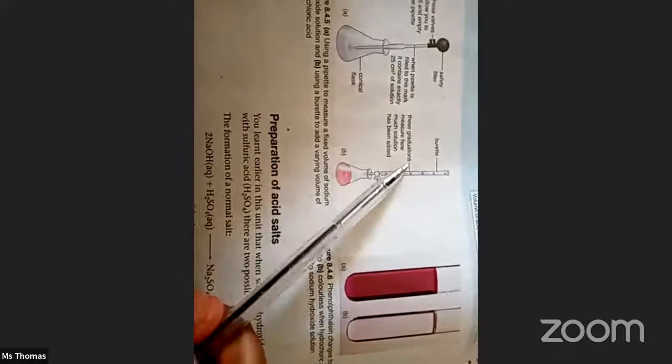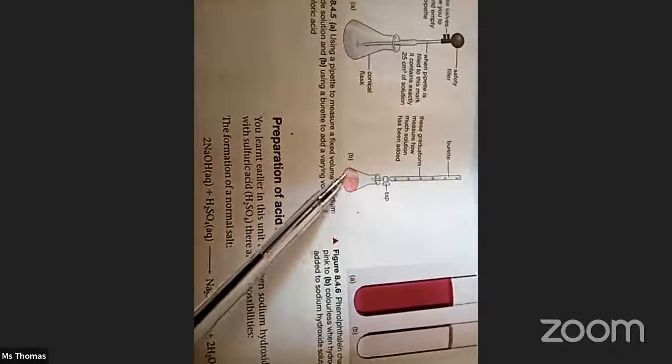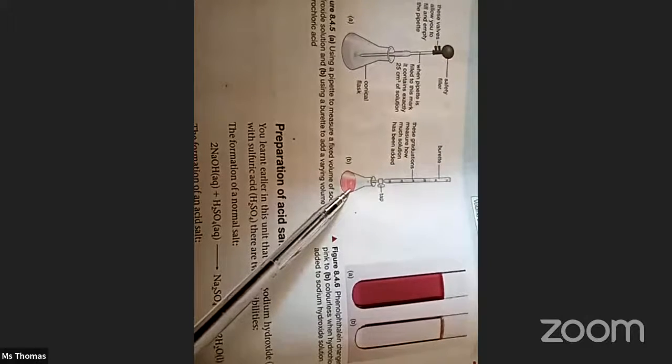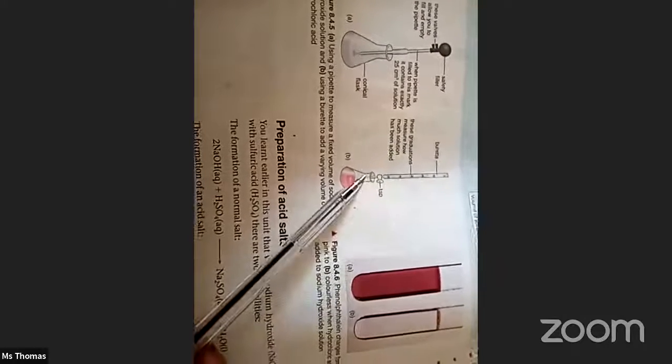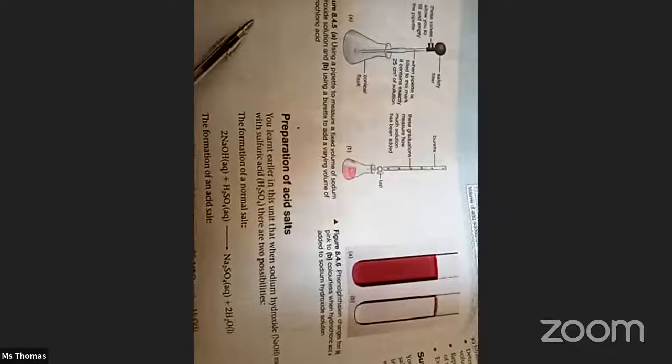When you add enough acid, all of the potassium hydroxide is used up, and you get only potassium sulfate. Then you stop adding acid, and you will get your soluble salt.